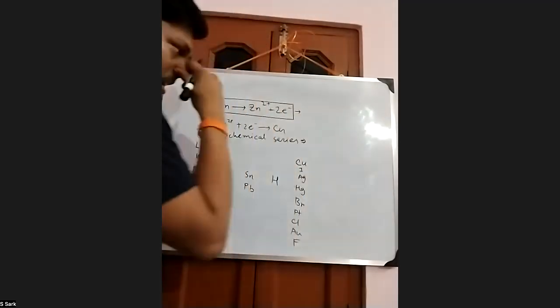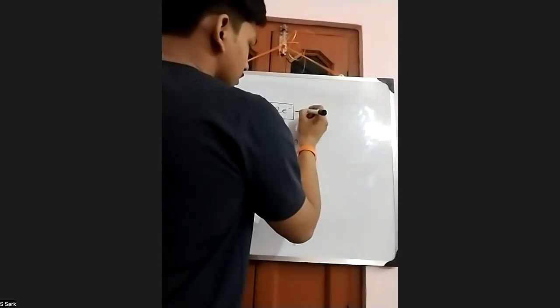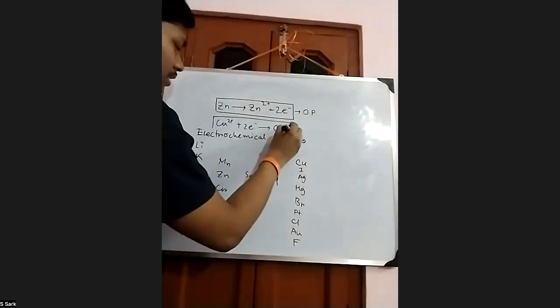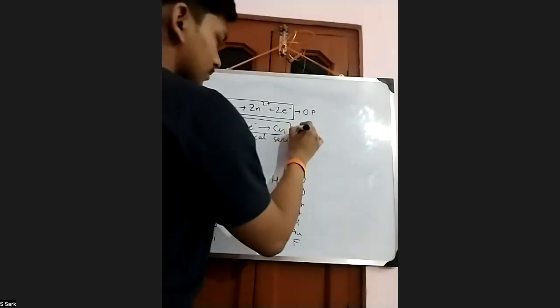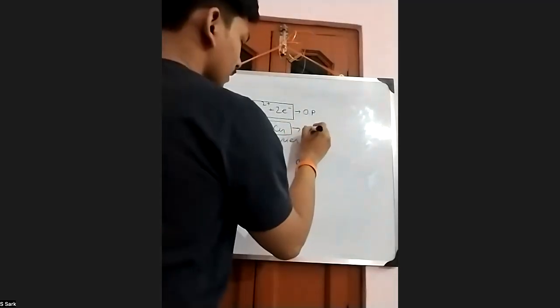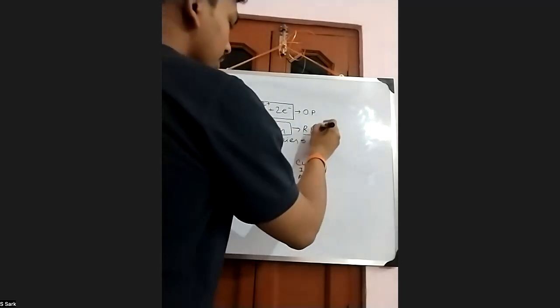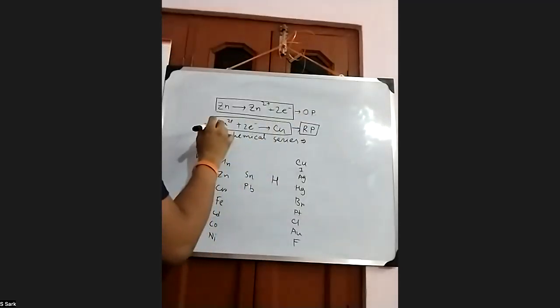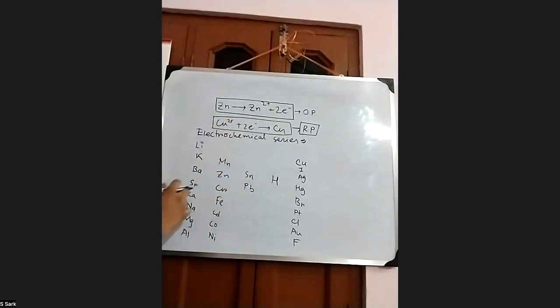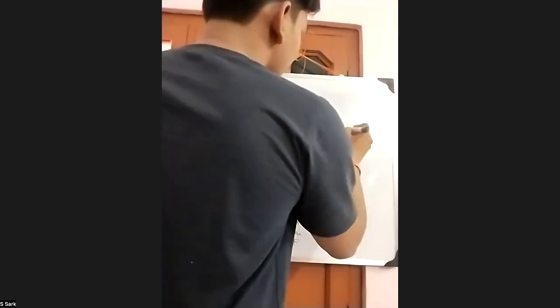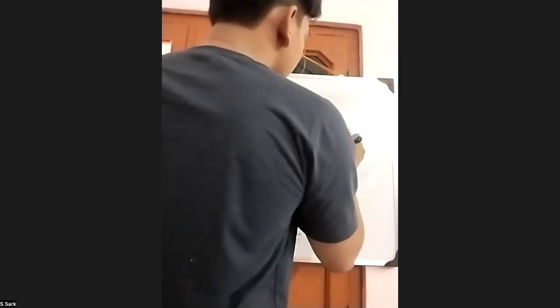And the potential difference that emerges when the reverse occurs will be called the reduction potential, because here reduction is occurring and there oxidation is occurring. So by IUPAC, it is standardly taken as the reduction potential to measure the electronation and de-electronation in the electrochemical series.